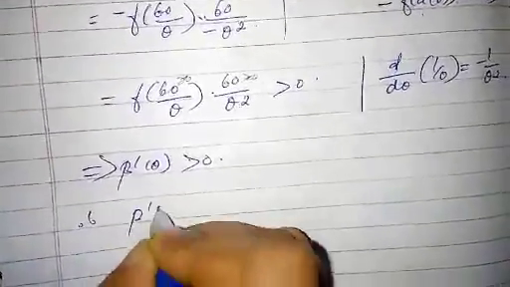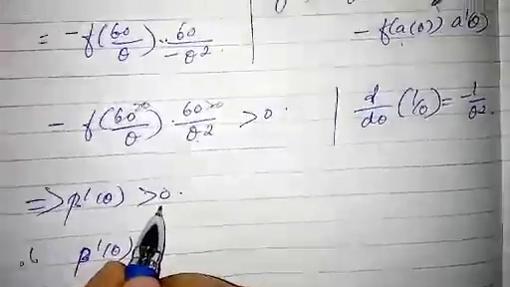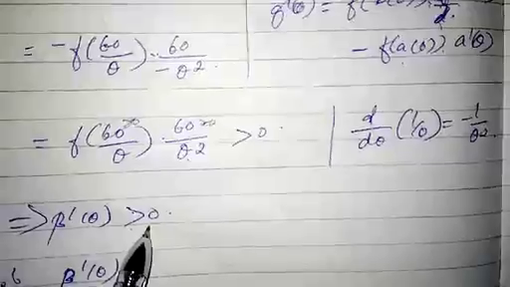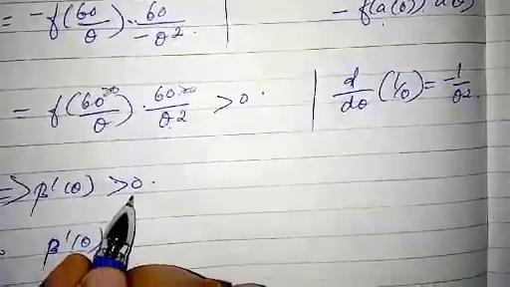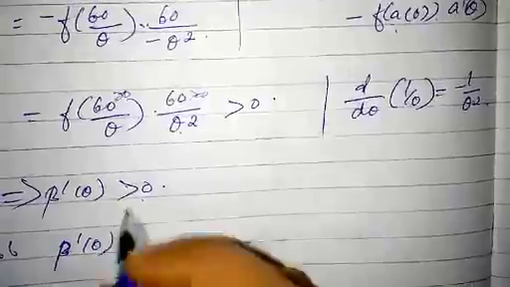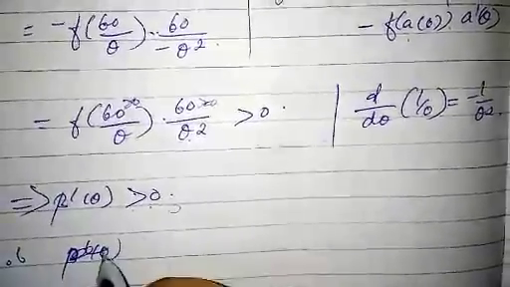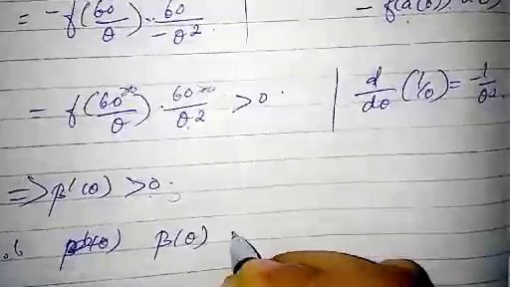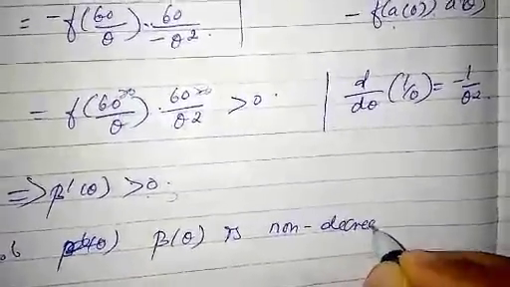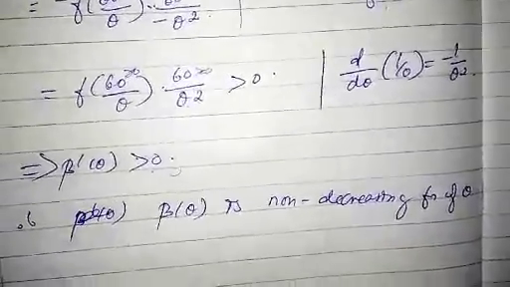Therefore, if b dash of theta is greater than 0, then beta of theta is a non-decreasing function of theta, right?